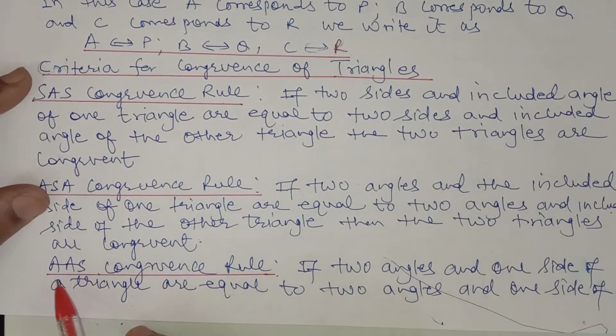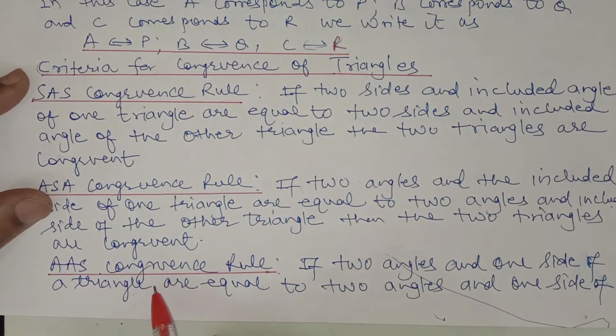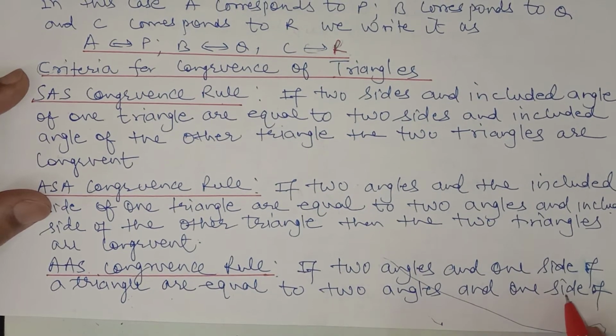After this, we have the AAS Congruence Rule. If two angles and one side of a triangle are equal to two angles and one side of the other triangle, then the two triangles are said to be congruent by AAS Congruence Rule.